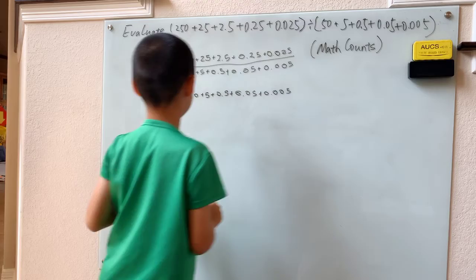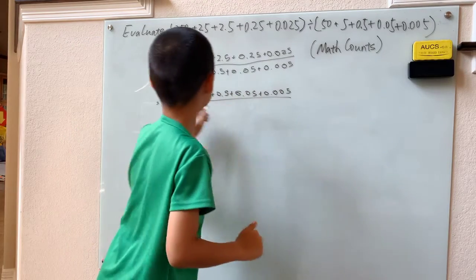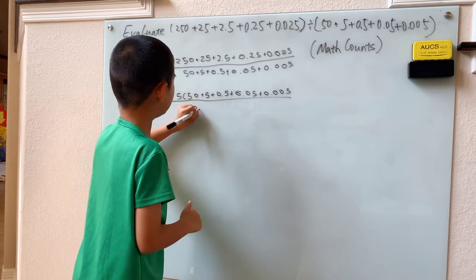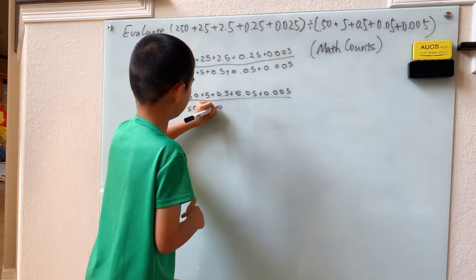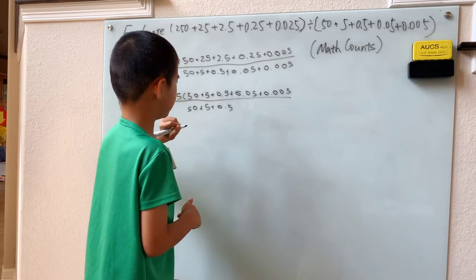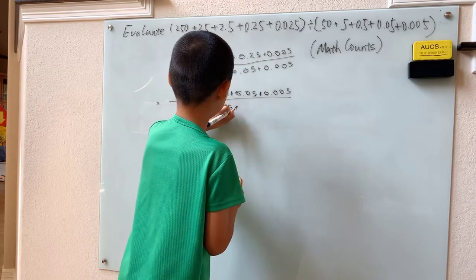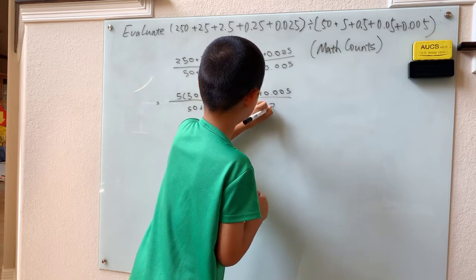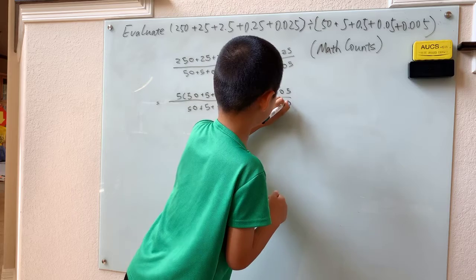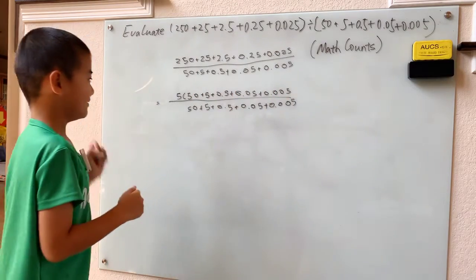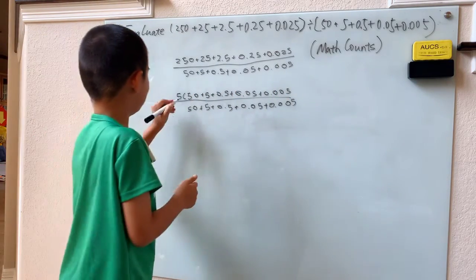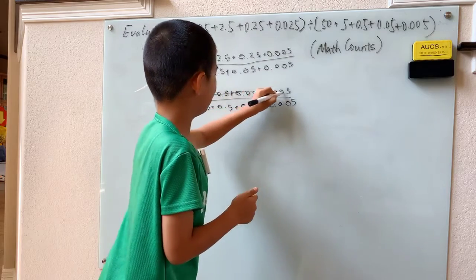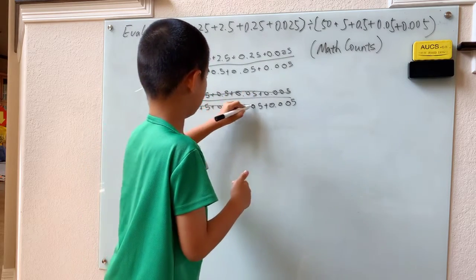And then we have 50 plus 5 plus 0.5 plus 0.05 plus 0.005. Sure enough, you should see these go away.